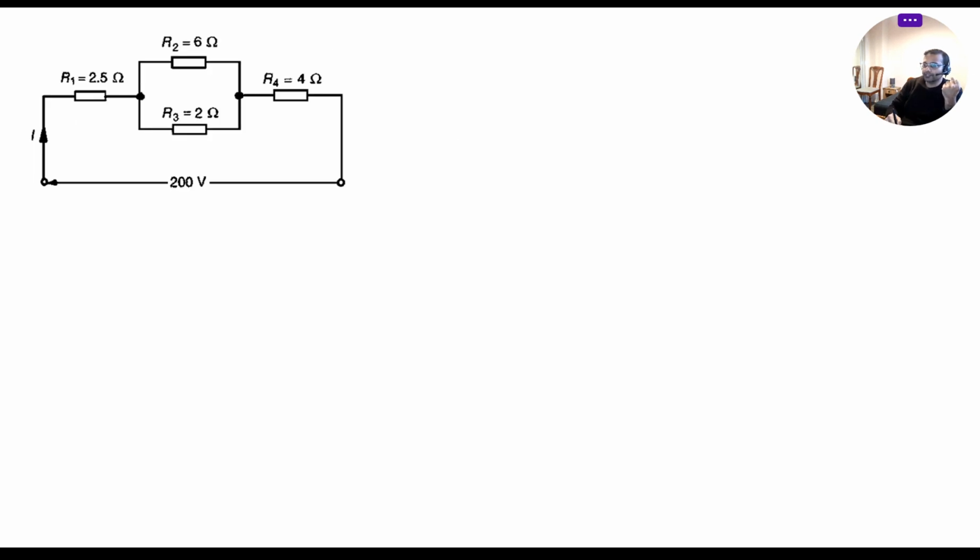So let's discuss it here. First, I will start from the two parallel connected resistors. The equivalent resistance, I would say R23, the combination of R2 and R3.